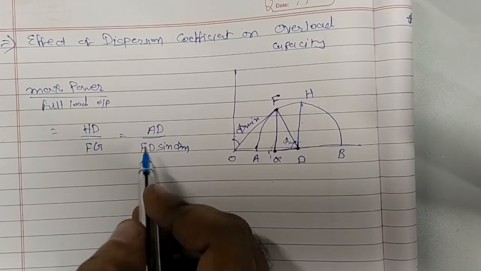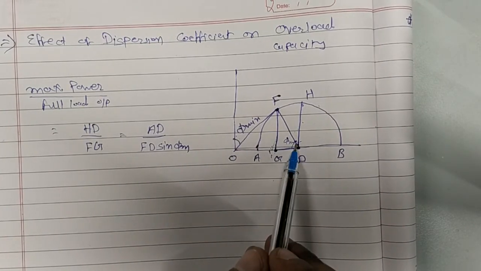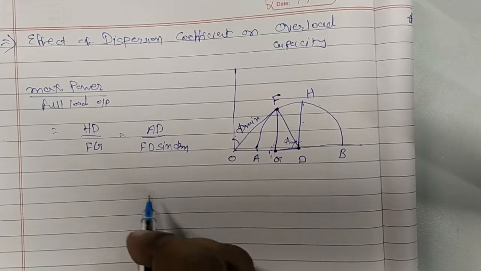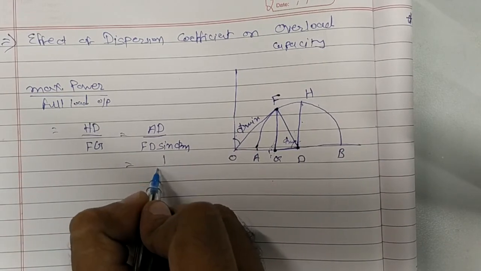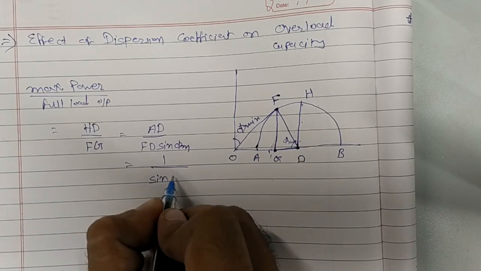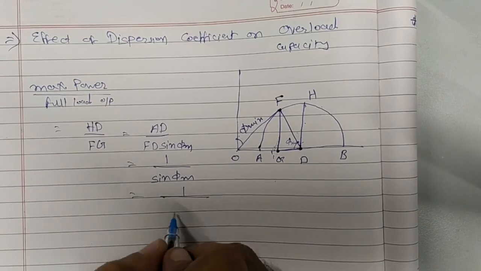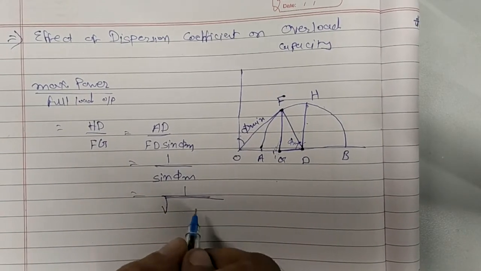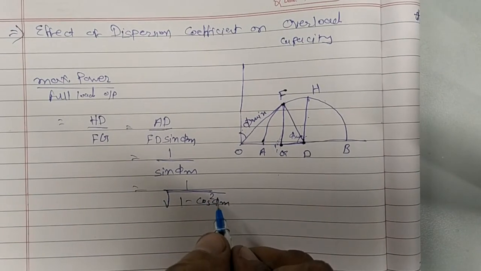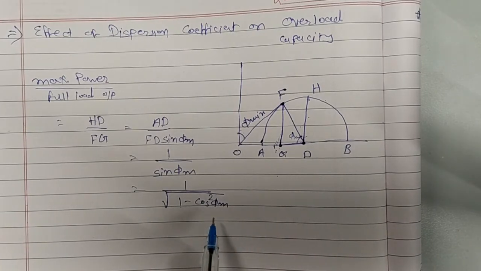From this equation, FD is the radius, which is equal to AD, so both are the same value and will cancel out. So I can simplify it as 1 upon sin phi m, which is 1 upon under root 1 minus cos square phi m. But what is cos phi? We have seen that in a previous theory.